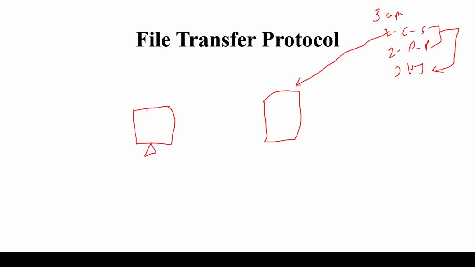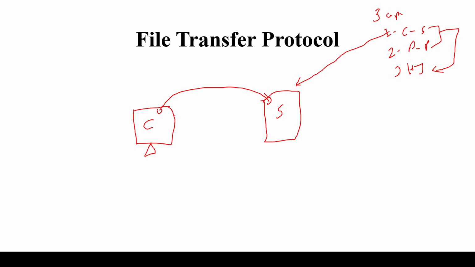So see, this is one simple scenario where this is the client and this is the server, and you have to transfer data from this machine to this machine, right? It may be possible that both are in the same network, and both may be in different networks as well. That we will discuss later on. But in FTP, as I told you, this is based on TCP/IP, right?